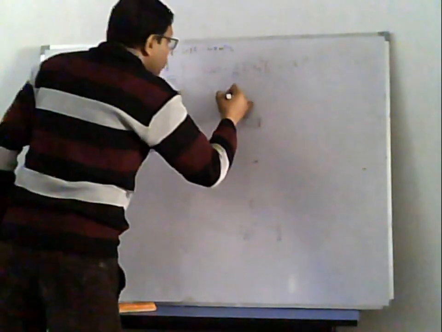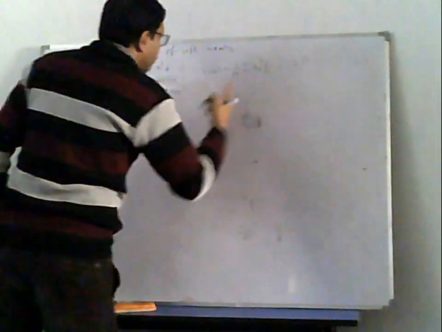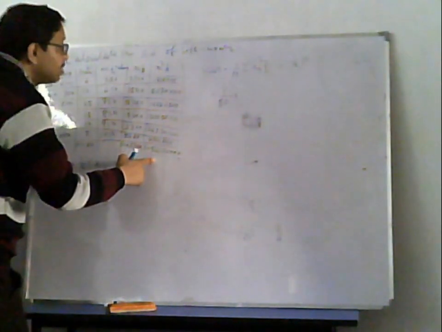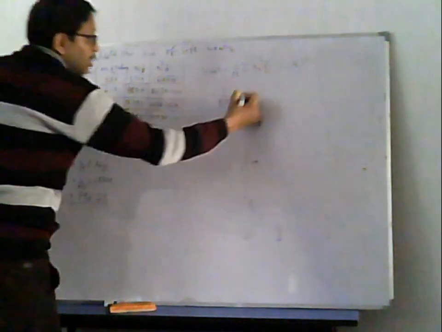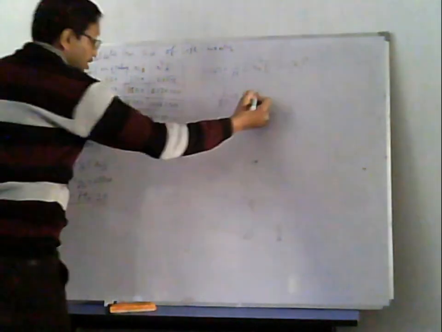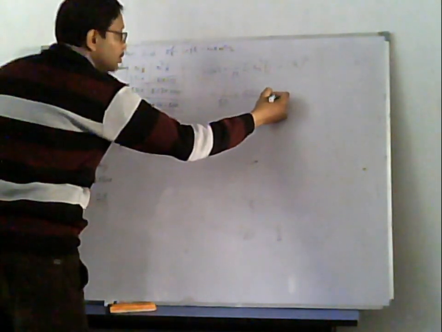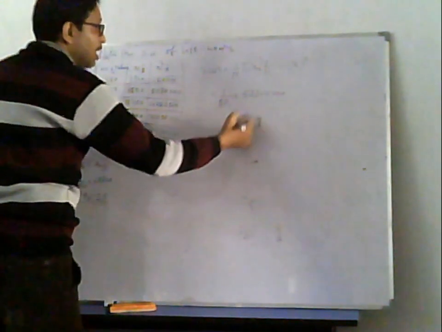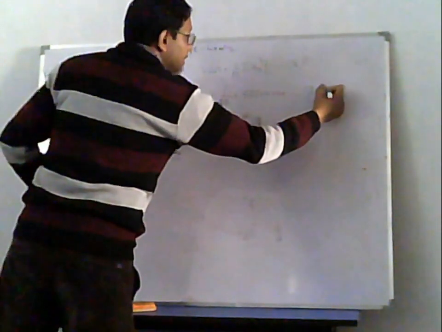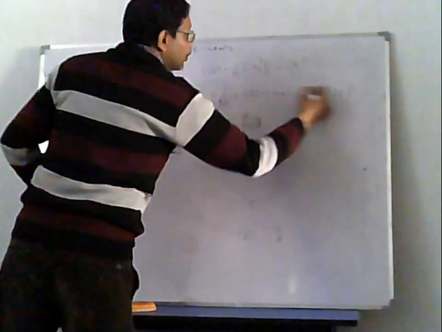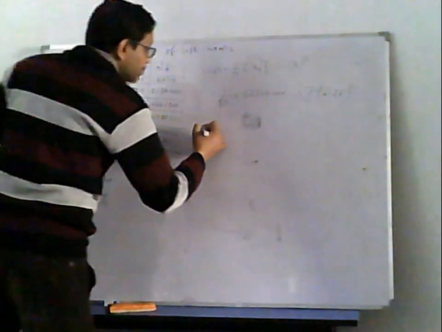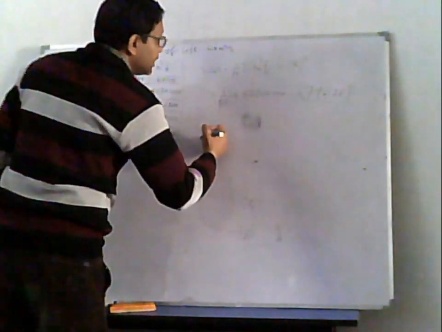Now this is equal to 1 by 80 into sum over xi square into fi, this 5210000, minus x bar, which is 796.25 whole square.